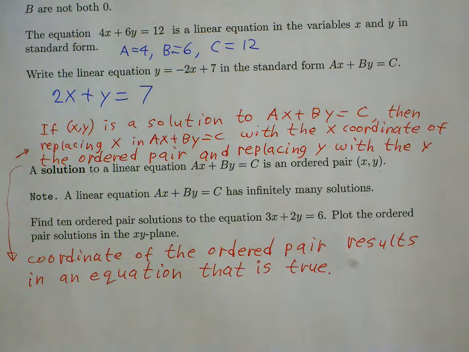So the solution is the number that you replace x with that makes that equation true. Well, if you have a linear equation in two variables instead of just one, you have to be able to replace x with a number, replace y with a number, and then get an equation that's true. It's the same concept, just with one extra variable.